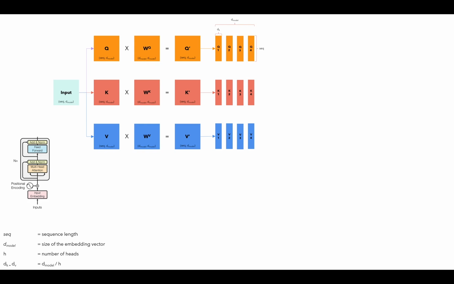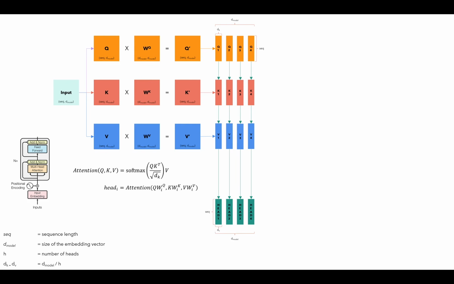We then split these matrices into H smaller matrices. Why H? Because it's the number of heads we want for this multi-head attention. And we split these matrices along the embedding dimension, not along the sequence dimension, which means that each head will have access to the full sentence, but a different part of the embedding of each word. We apply the attention to each of these smaller matrices using this formula, which will give us smaller matrices as a result.